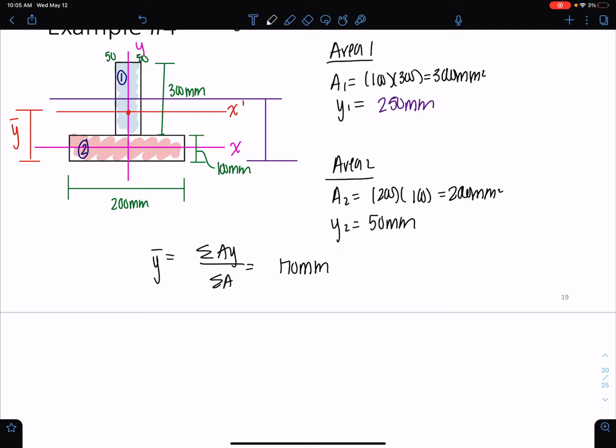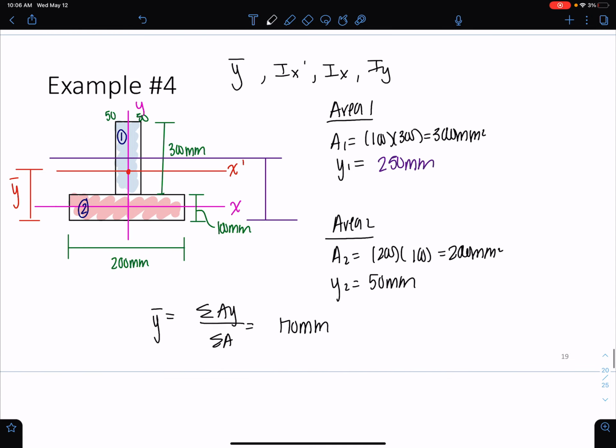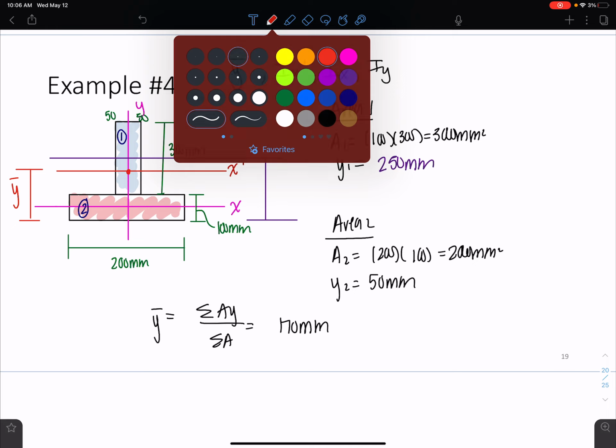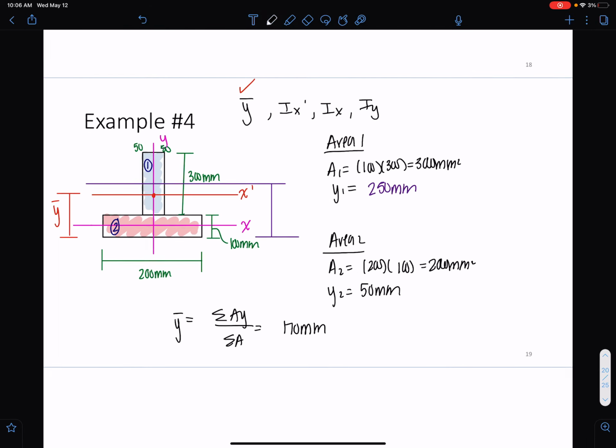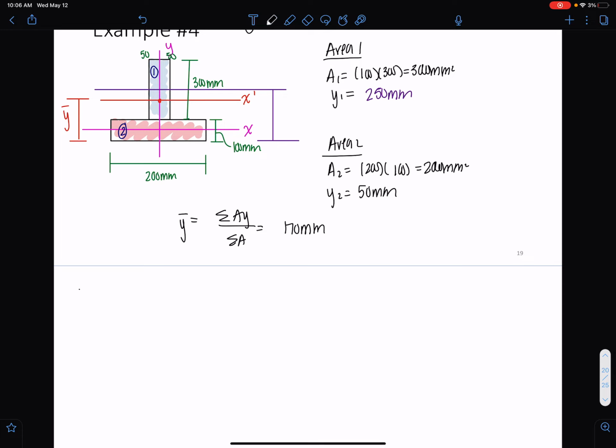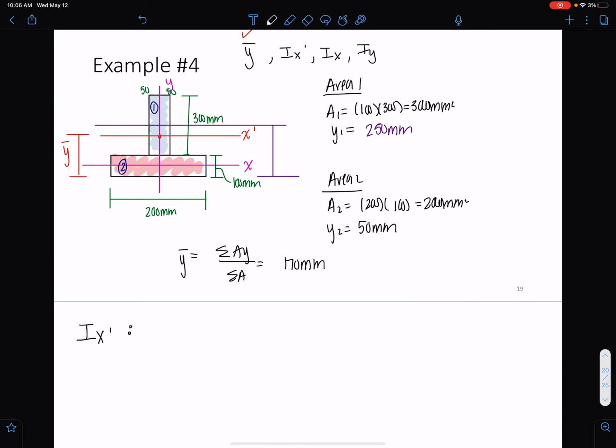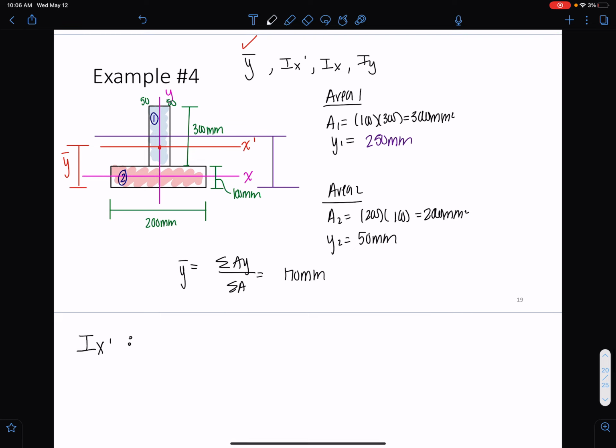Okay, now for our Ix prime, right? We want the moment of inertia. We got y bar. We're done with this. Let's do Ix prime. So Ix prime is going to be a very similar calculation to the problem we had done previously. We just need to find our D1 and our D2.